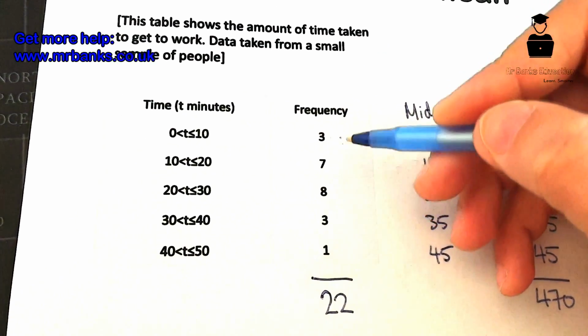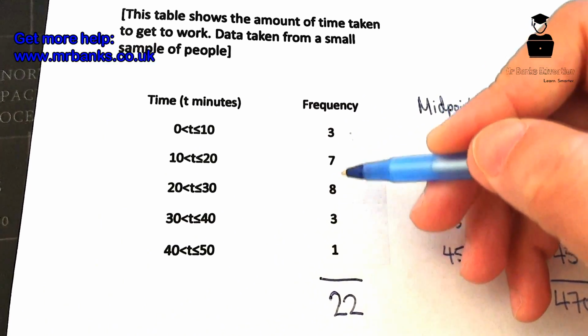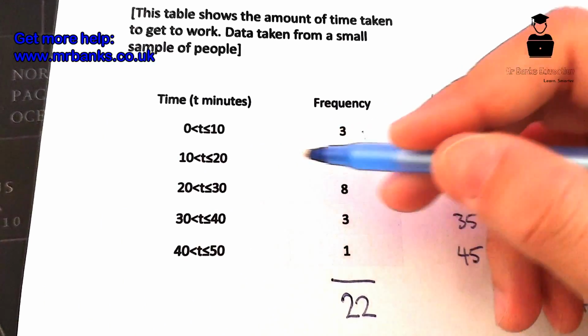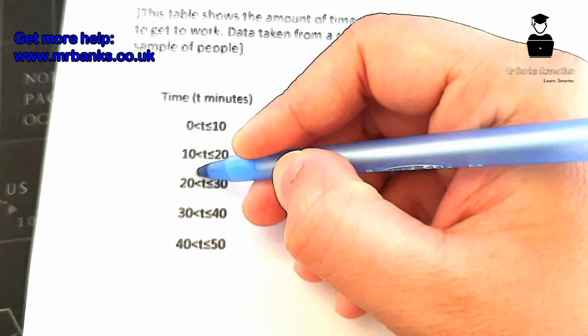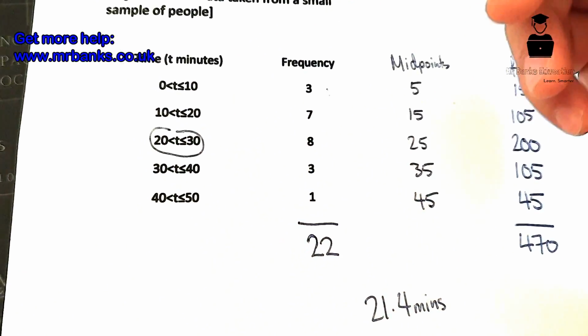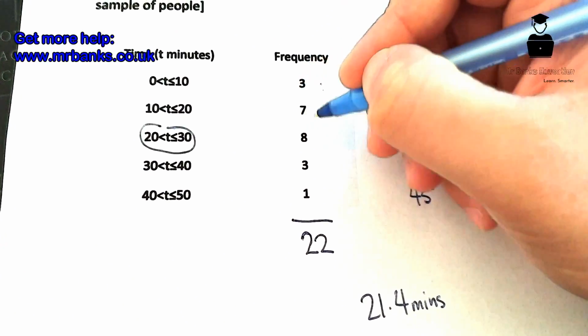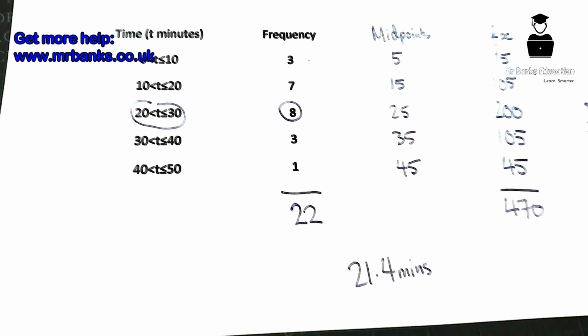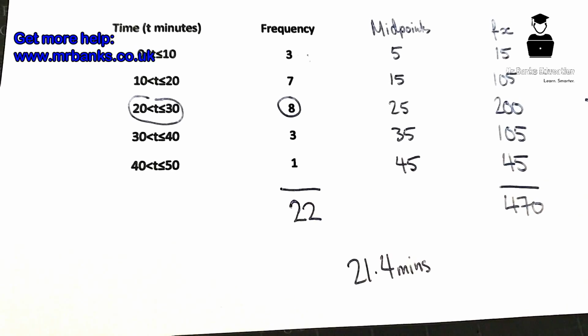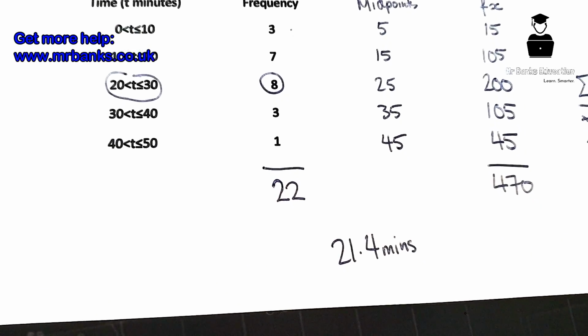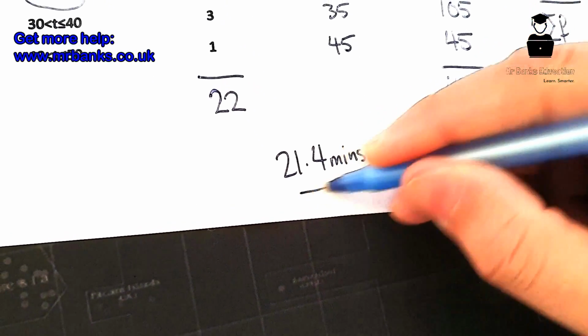What's the most popular column? It's these two, isn't it? 20 to 30 and 10 to 20. So the average being in this category, 20 to 30, would make sense because it's also the most popular category as well. So it probably makes sense that it's the mean. It looks like we've done the right thing here.